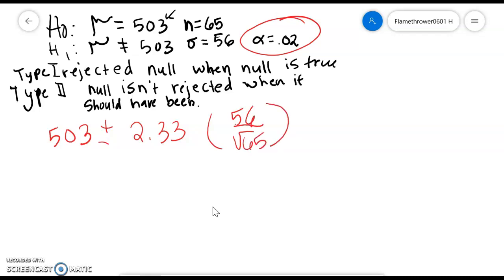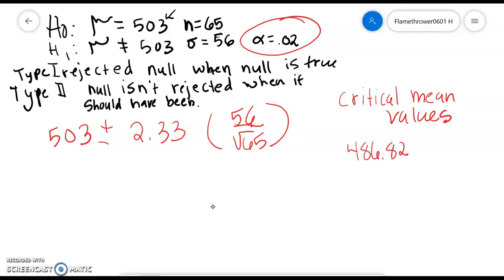If you do that in your calculator, your two critical mean values you should get are 486.82 and 519.18.